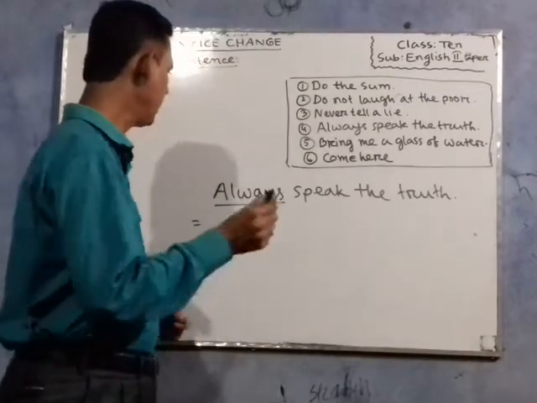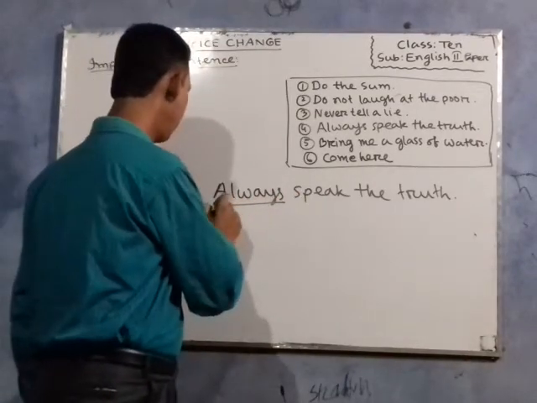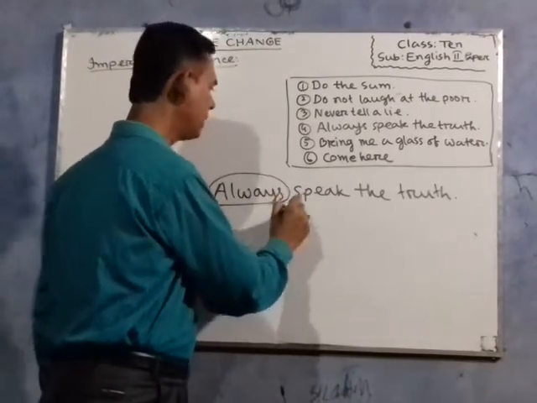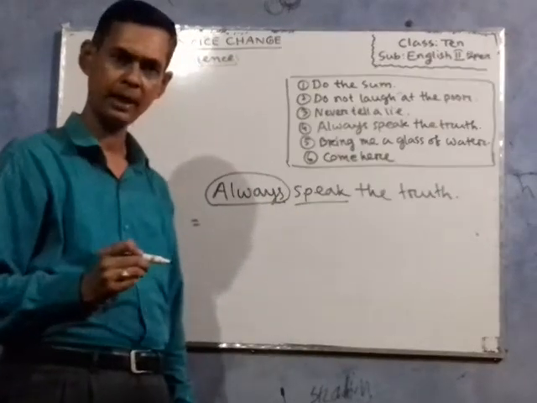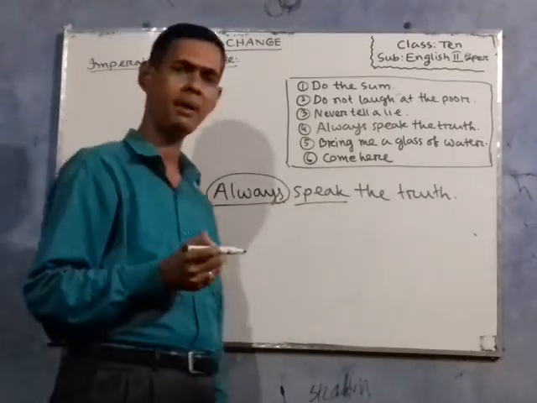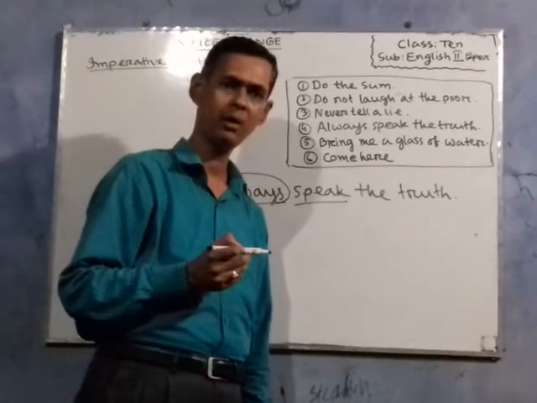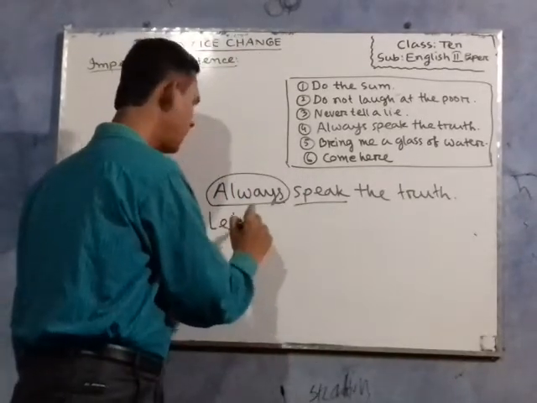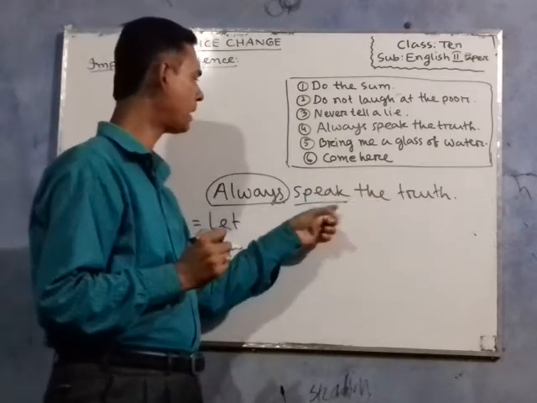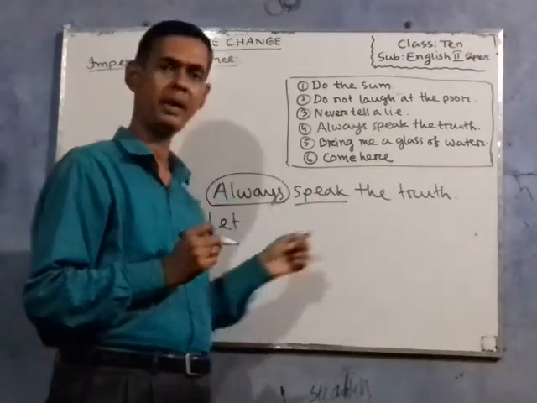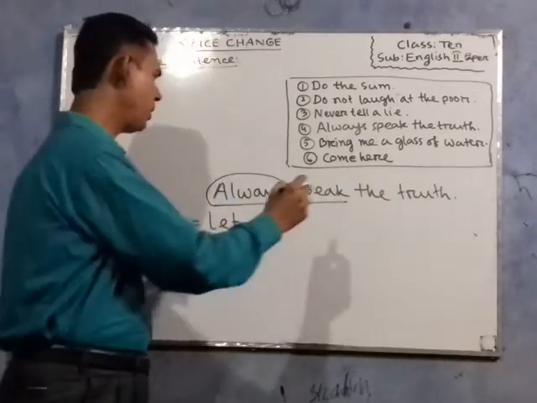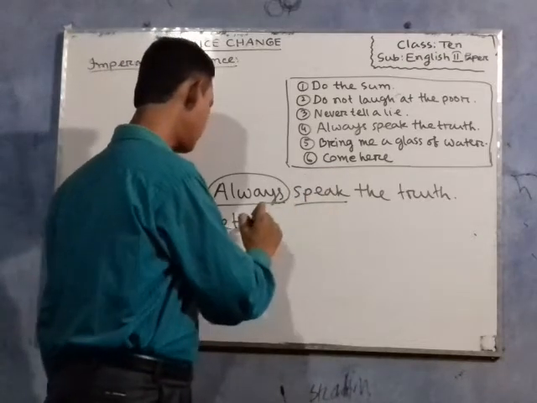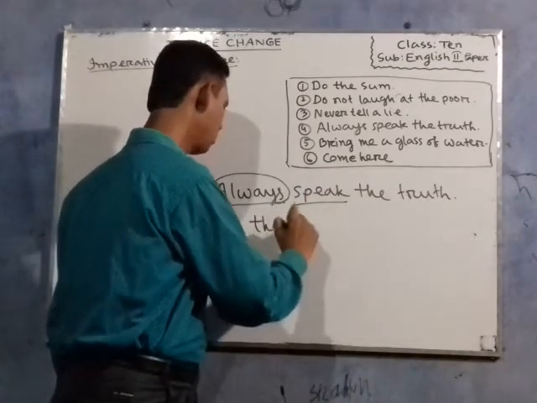At first, you should remember that if we set aside "always", here "speak" is the principal verb. If the principal verb is at the beginning of the sentence, we have to write "let". If there is an object after the principal verb, we have to write "let", then the object, "the truth".